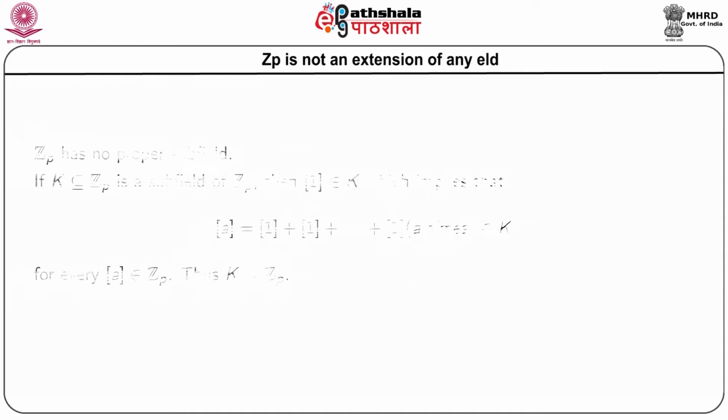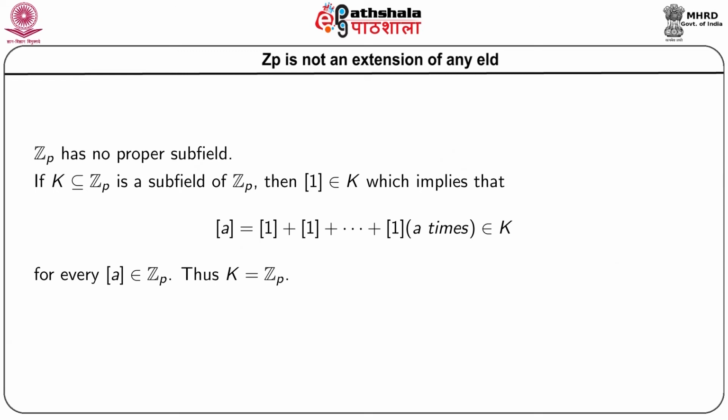Our next example is the ring of all integers modulo a prime p, that is Zp. If K is a subfield of Zp, then 1 belongs to K, which implies that for any a in Zp, a is equal to 1 plus 1 plus so on plus 1, a times, and hence a belongs to K. Thus, it follows that K is equal to Zp.